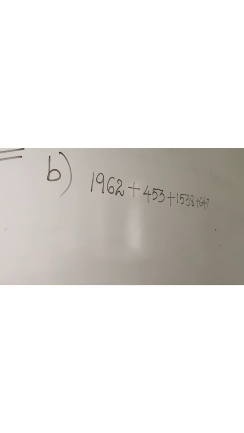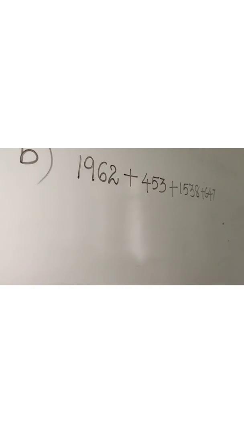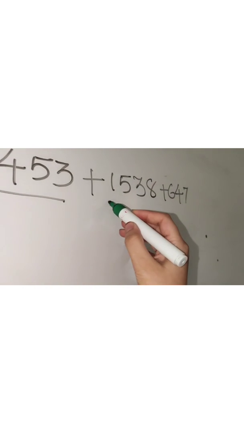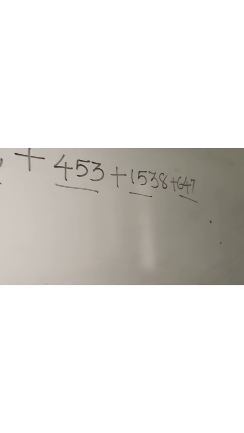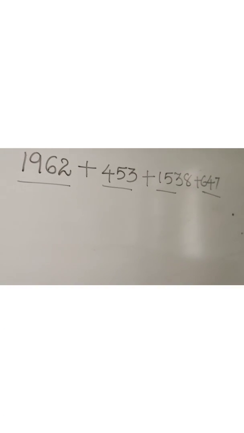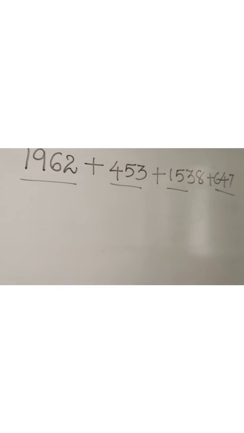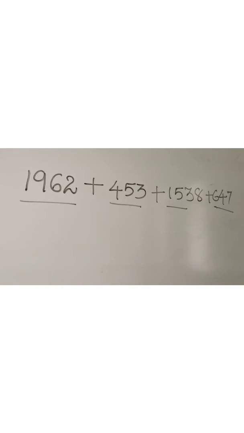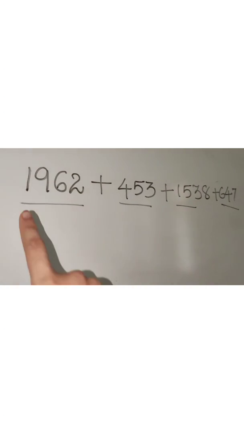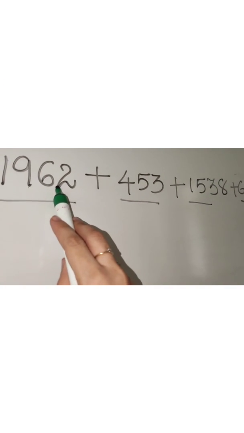Now let's begin with B. Second question of question 1. Here you are having four numbers, 1962, 453, 1538 and 647, and among them there is plus sign. So now again we have to rearrange them. You can change their order and you can add them. So how we are going to do that? Here you can see this is our 4-digit number. 4 digit means 1, 9, 6 and 2.